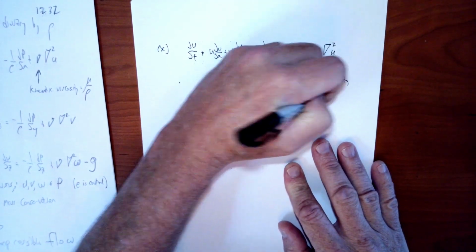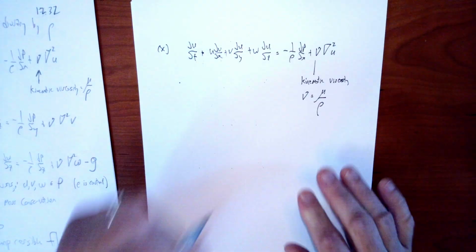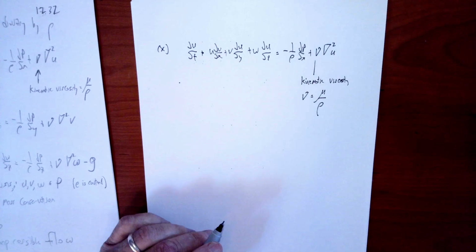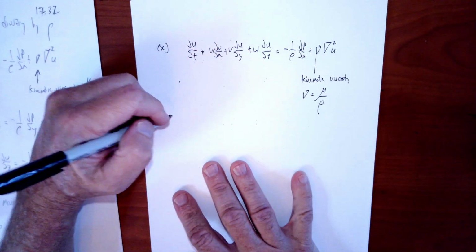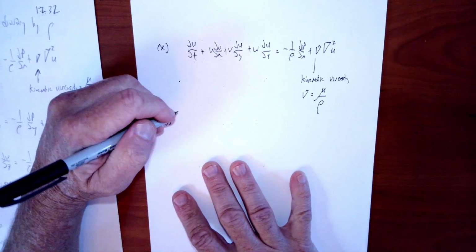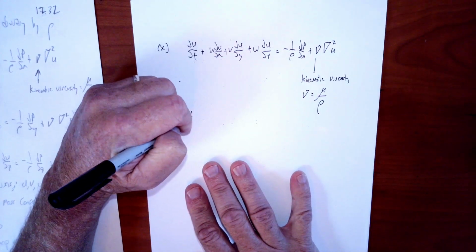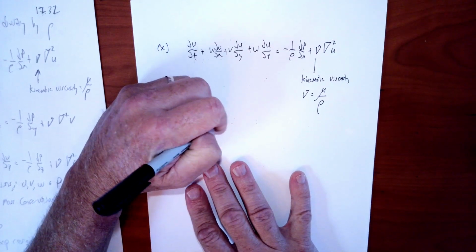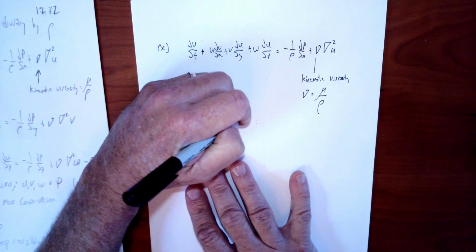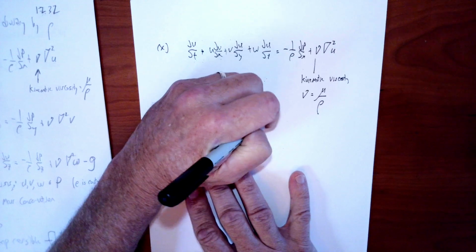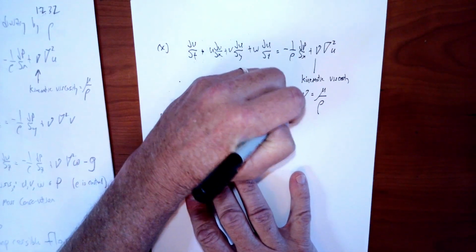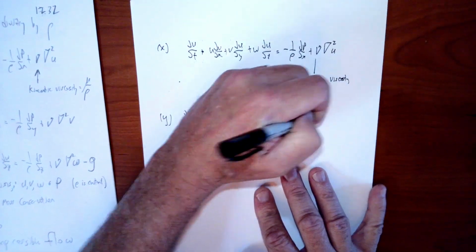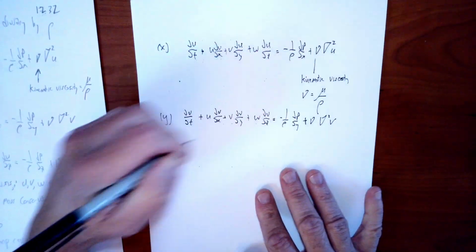Nu is defined as mu divided by rho. That's why it's an important quantity. It's made up specifically so that it shows up in this form in the Navier-Stokes equations. For the y momentum equation: dv/dt plus u dv/dx plus v dv/dy plus w dv/dz equals minus 1 over rho dp/dy plus nu, the kinematic viscosity, del squared v.